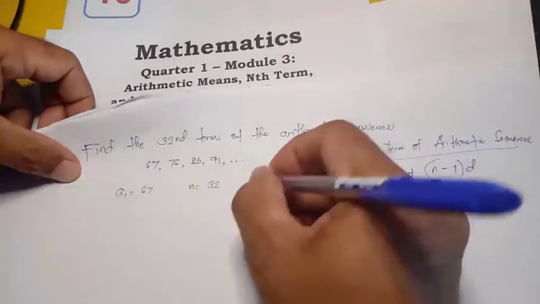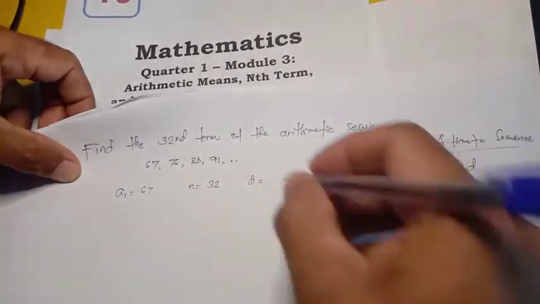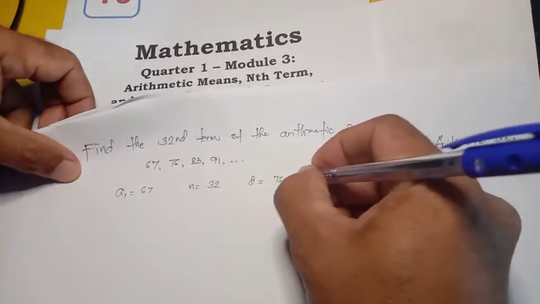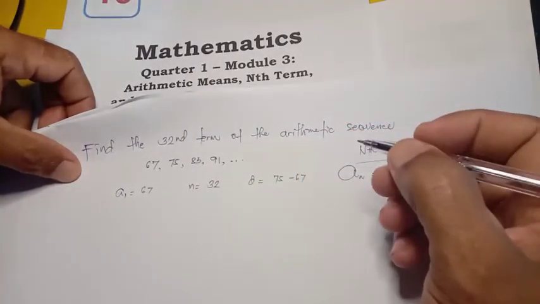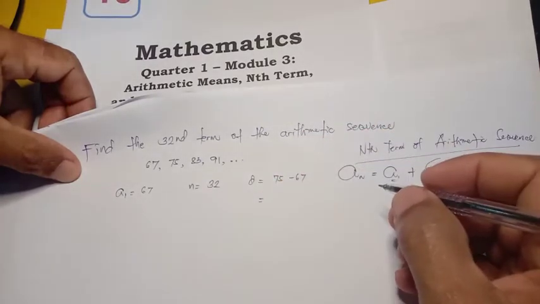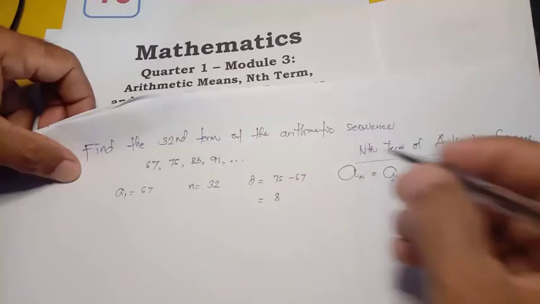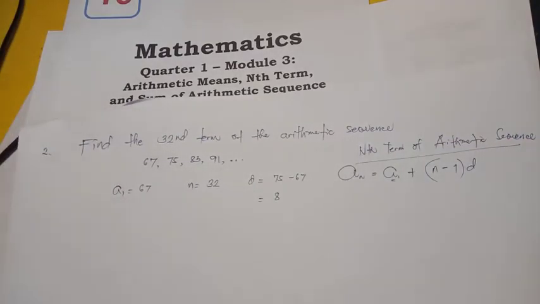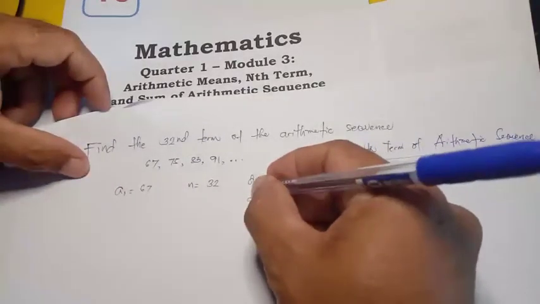Then, the common difference is 75 minus 67. That is equals to 8. So, the common difference is 8.